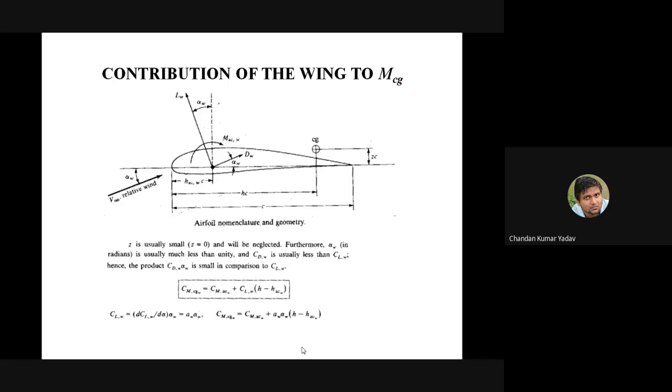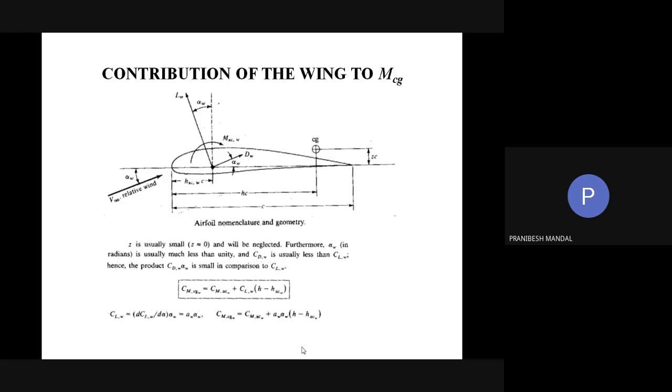Clear, sir? Okay. Now we are coming to the point. See, in this particular equation, what are the quantities that you need to have from the wind tunnel data or corresponding CFD data? How many quantities are there?